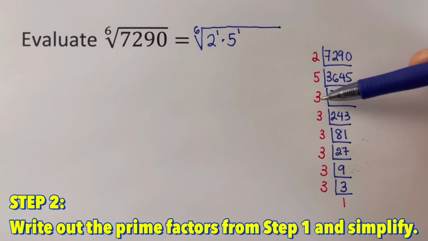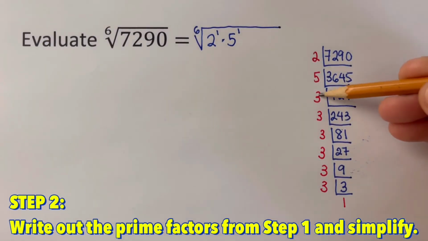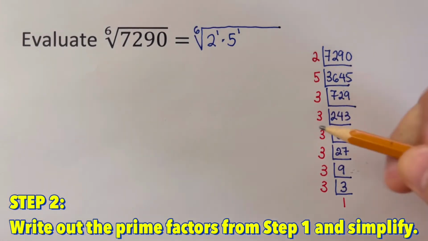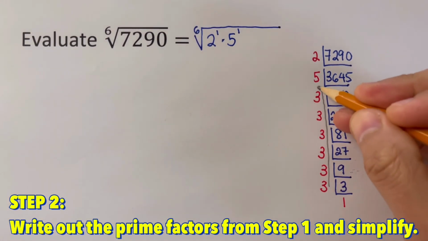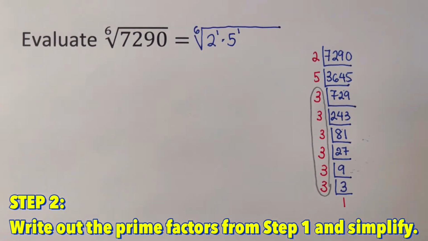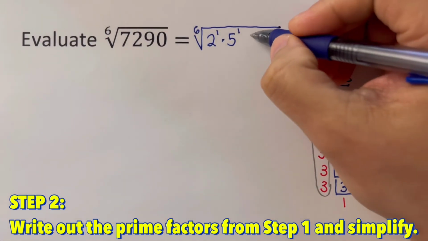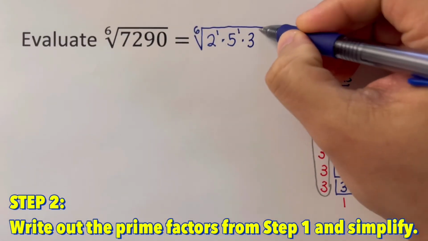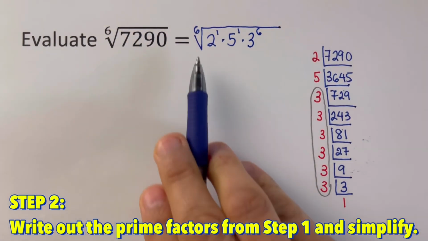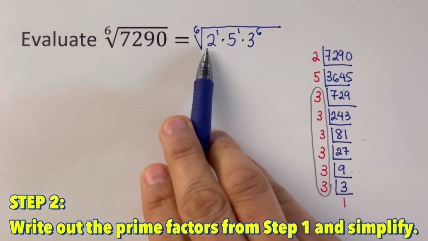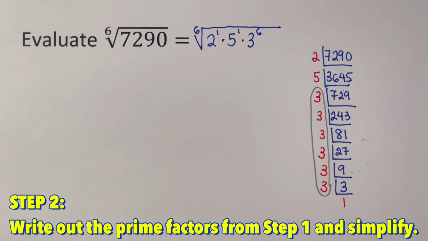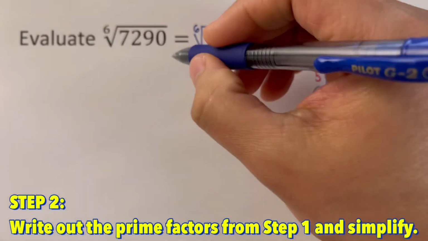And then the 3s here: 1, 2, 3, 4, 5, 6. They come in a group of 6, so I write that up here as 3 raised to the power 6. Then we break down this radical symbol, which means each of these numbers gets the radical symbol. So this is how it's going to look.